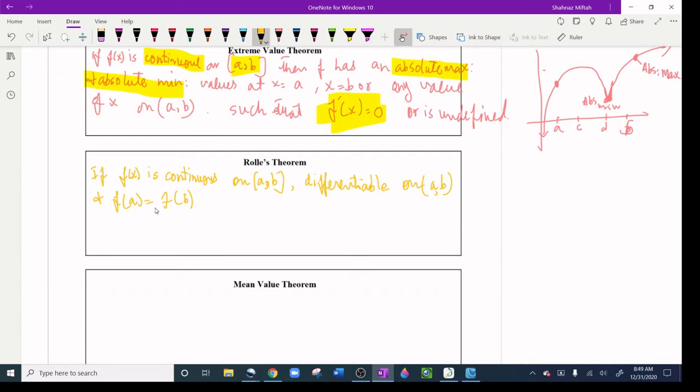A tangent and secant supposed to be equal, over B minus A. So that's my mean value theorem.